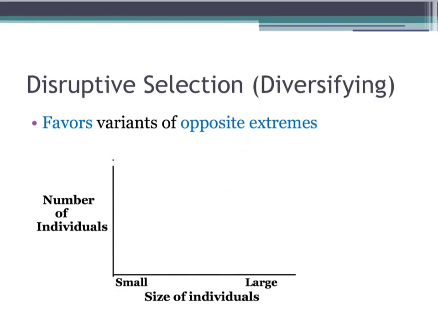Now, favoring opposite extremes is disruptive selection. So let's pretend those Lakers are going to play a basketball game with some third graders. If I was going to graph the sizes of the third graders versus the basketball players, my graph would look like this.